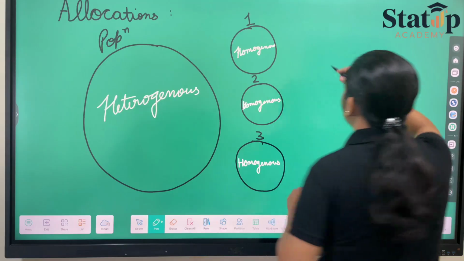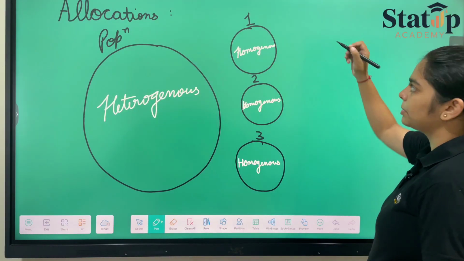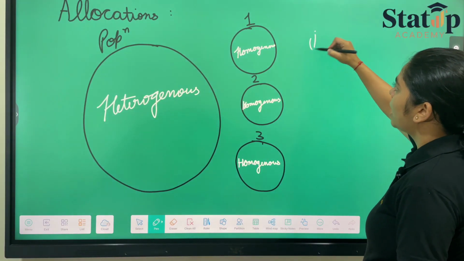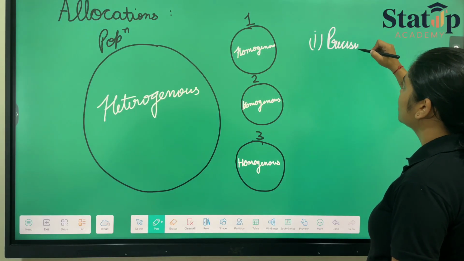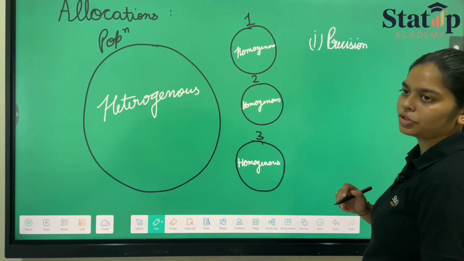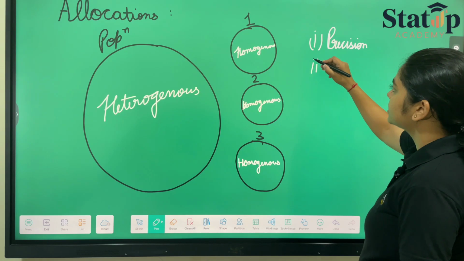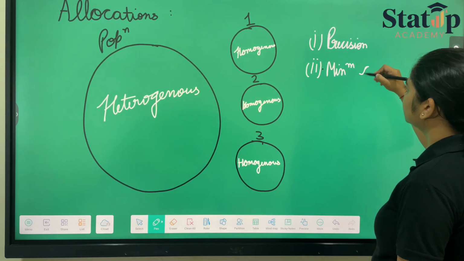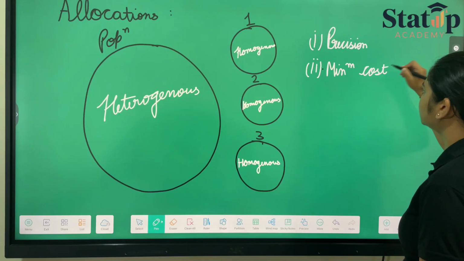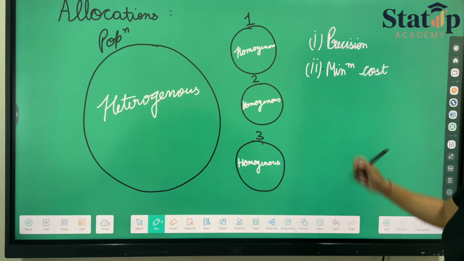So the question arises how the sample should be selected so that our sample is precise, or precision is there. Second is minimum cost, so as to minimize cost.